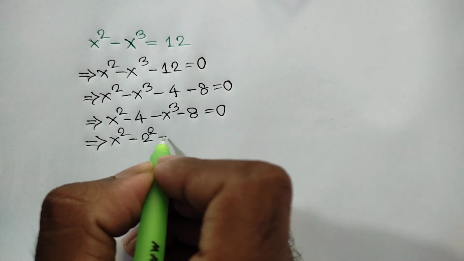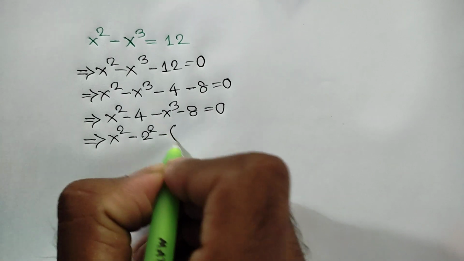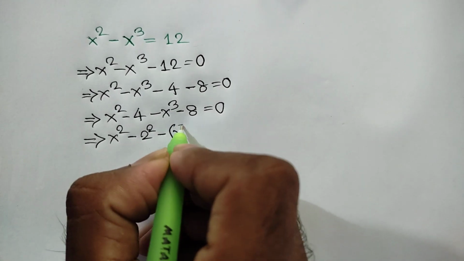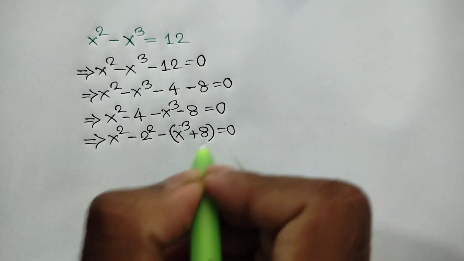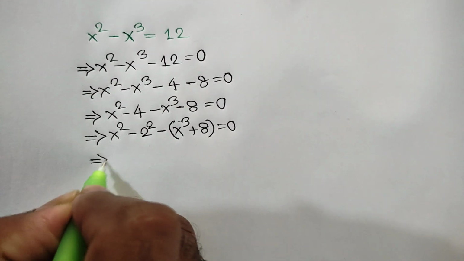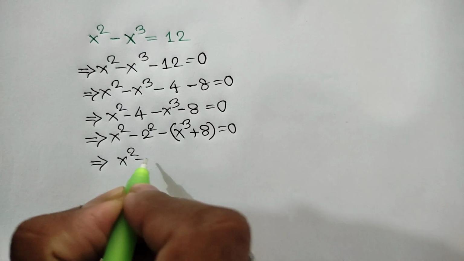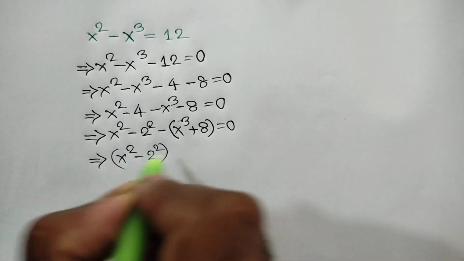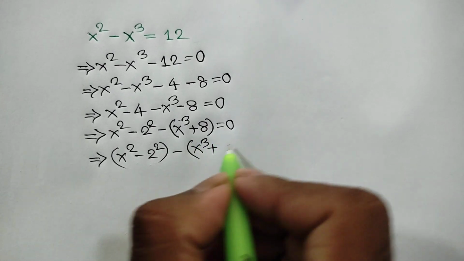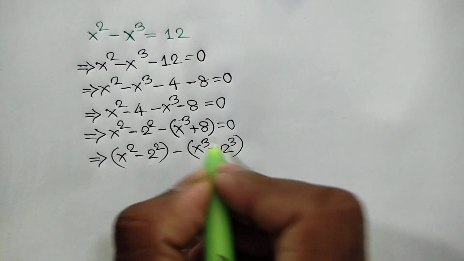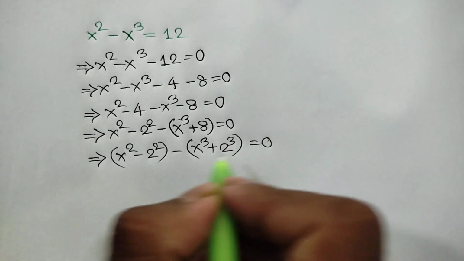Here we can take common minus, so we can get x cube plus 8 is equal to 0. Or x square minus 2 square, minus x cube plus 8, we can write 2 cube, because 2 cube and 8 are the same, is equal to 0.